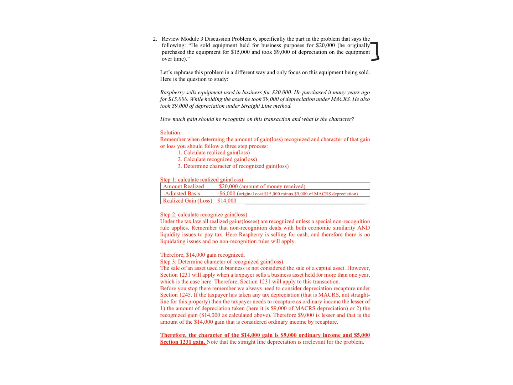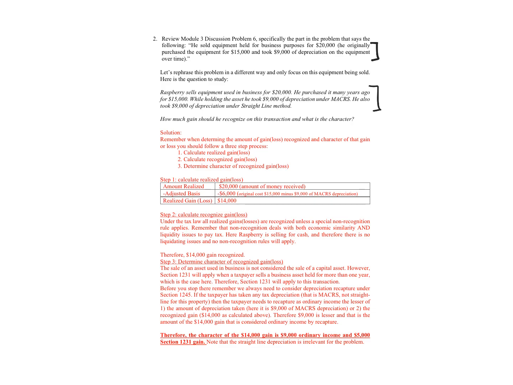Let's rephrase it. What if we have Raspberry? Raspberry sells equipment used in business for $20,000. He purchased it many years ago for $15,000. While holding the asset, he took $9,000 of depreciation under MACRS. He also took $9,000 of depreciation under straight line method. So the fact that there's MACRS and straight line depreciation is irrelevant.